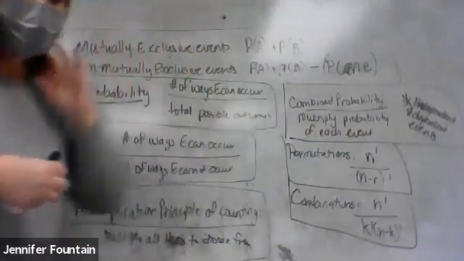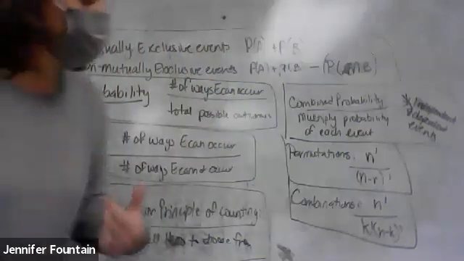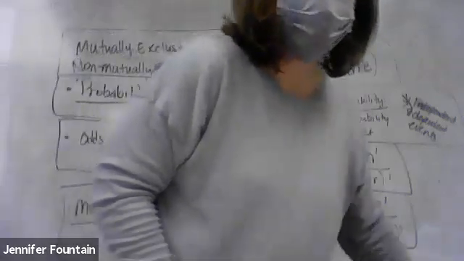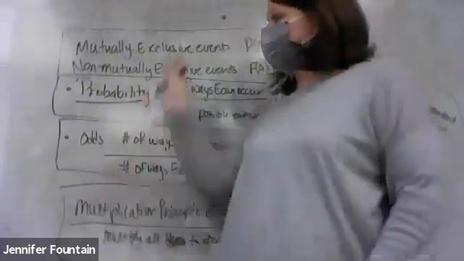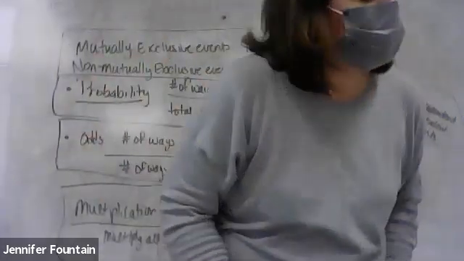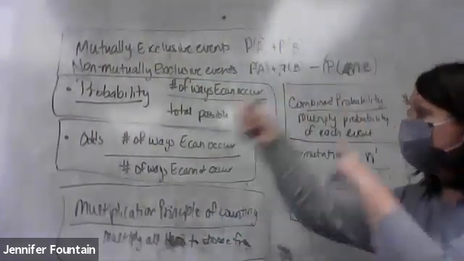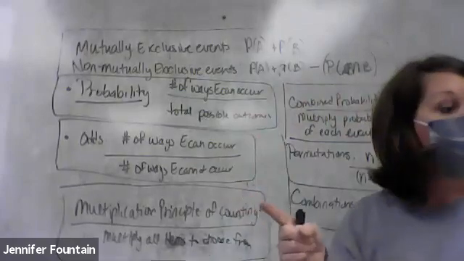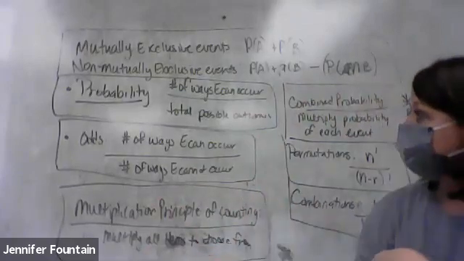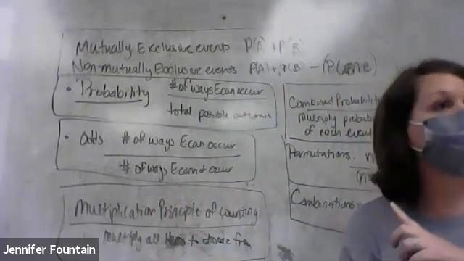So what I want to do is, as we're going through these things and we see a question, I'm going to ask you, okay, well, which one of these is it? Because being able to identify which of these I've got going on helps me to know how to set up my problem.